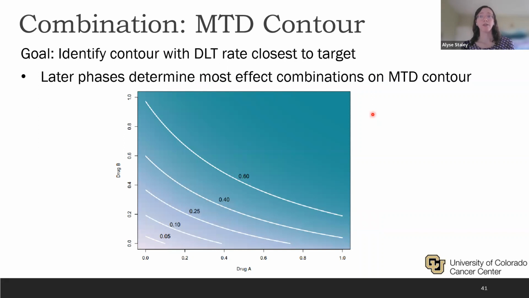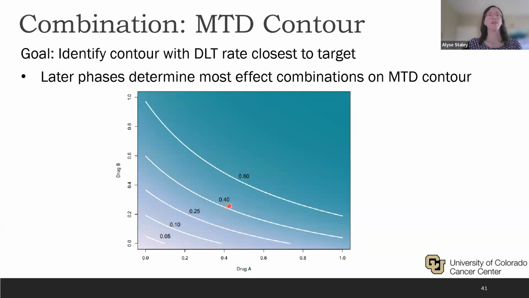Bringing it back to drug trials, the concept of MTD contours is very similar to the concept of indifference curve. A contour consists of multiple combinations of drug A and drug B that have the same estimated DLT rate.